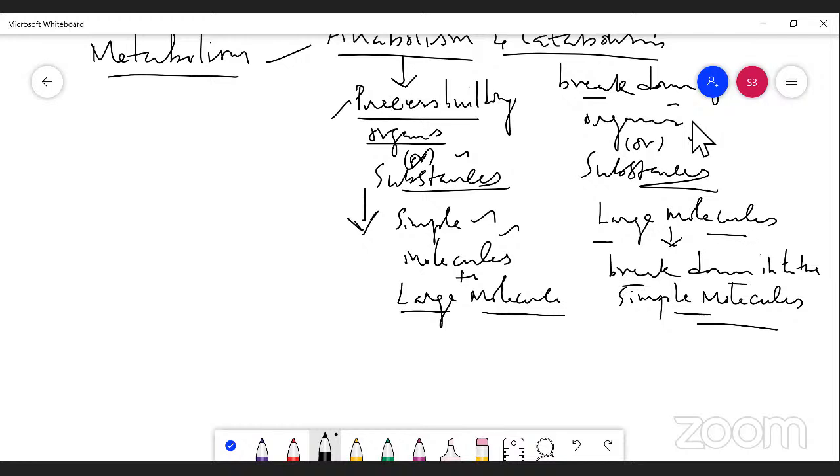For example, the synthesis of protein from amino acids.